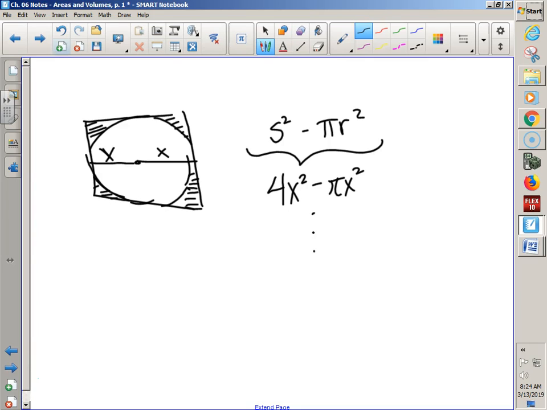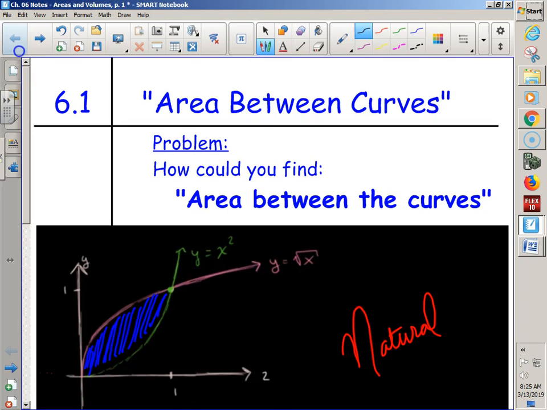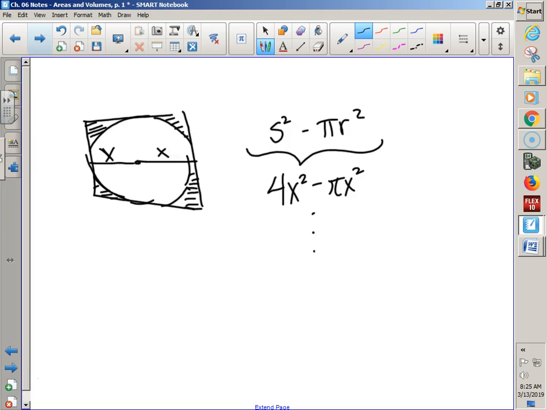But area between, a couple things I want you to think about just from this super basic, even for SAT problems, super basic problem. When thinking about area between, we have to consider whatever objects, and in calculus, whatever functions we've been given. We're going to have to consider what they look like, what region we're going for, what area we're going for.